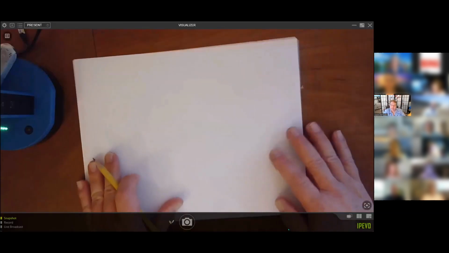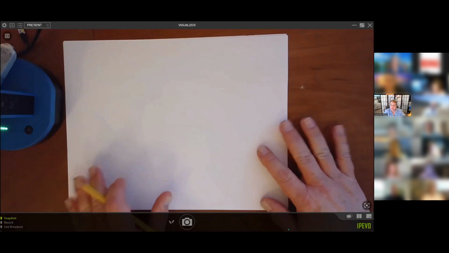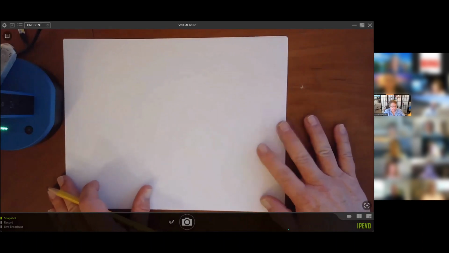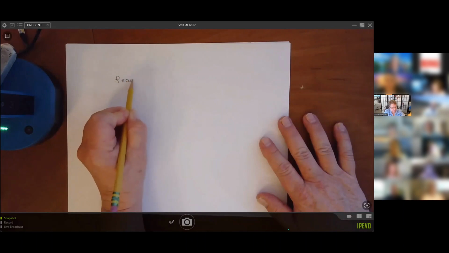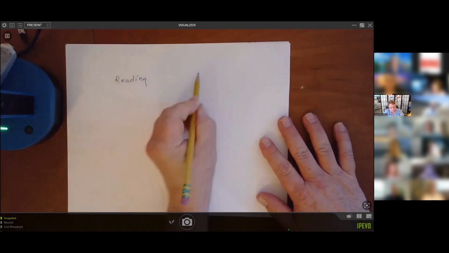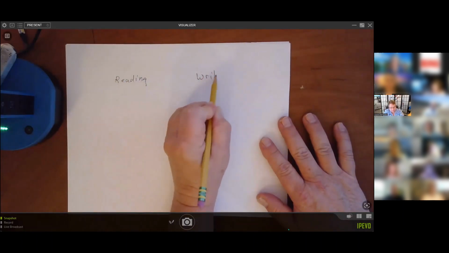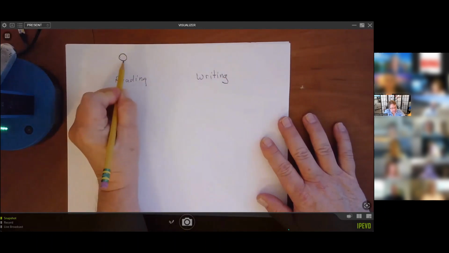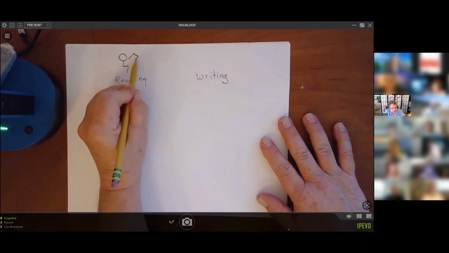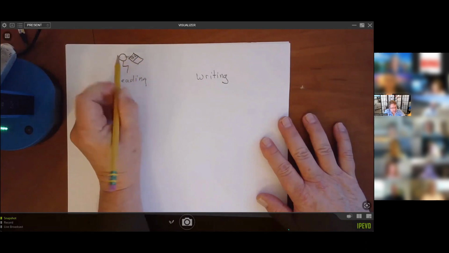So I realized that you could take Cooper's 7 literacy processes and you could pair them up. So we can pair up reading with writing. So when you think about reading, reading is when you take in information, when you take in written information.